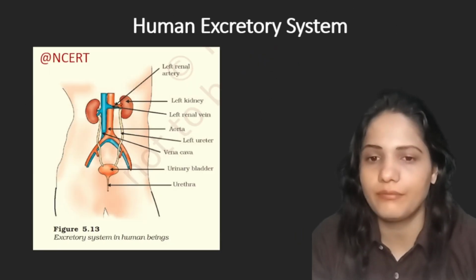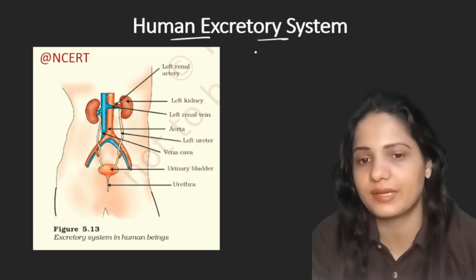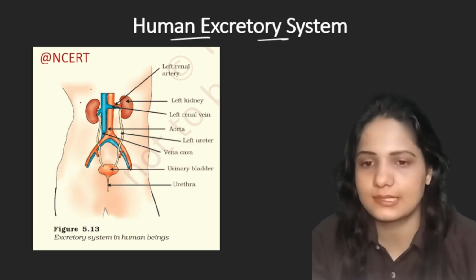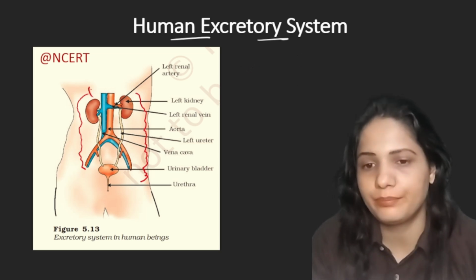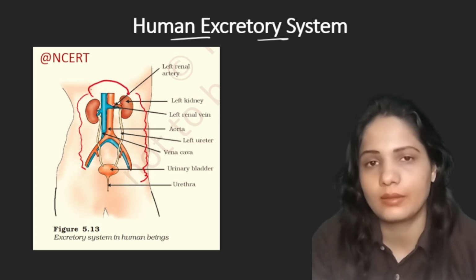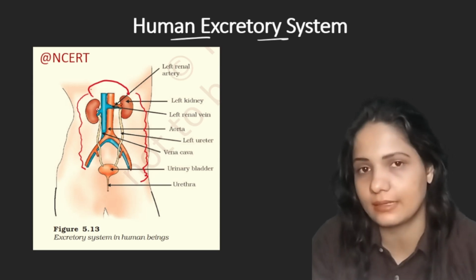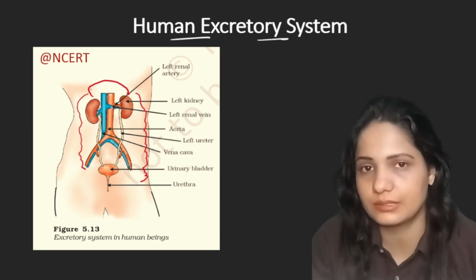To the next slide. Here we have this human excretory system. We have seen the process of excretion. Now we have this human excretory system. The main organ of the excretory system is a pair of kidneys, on the left side as well as on the right side. A pair of bean-shaped kidneys are the main organs of the excretory system.